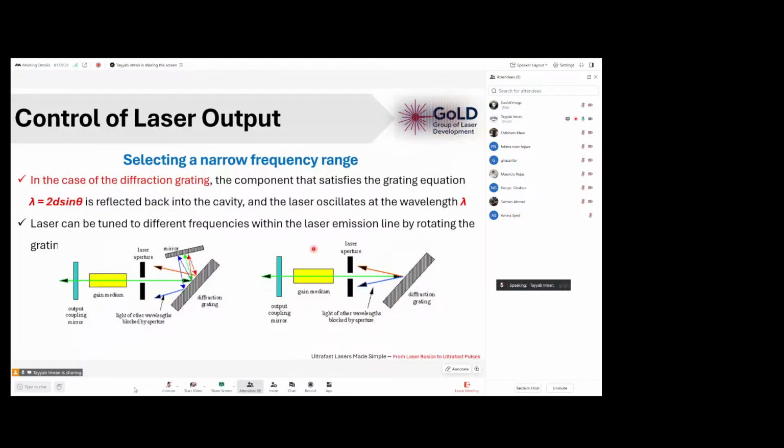In both cases, we can rotate this grating to tune it for a certain wavelength using this formula. So these are the passive optical devices, which are always used to disperse the light.